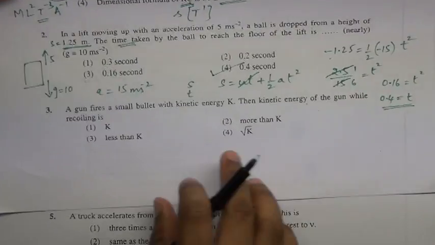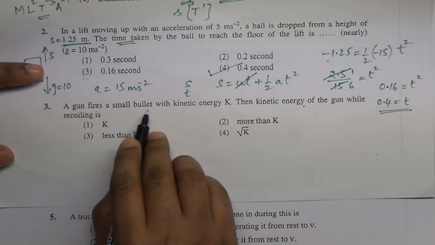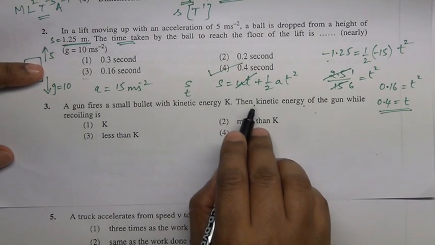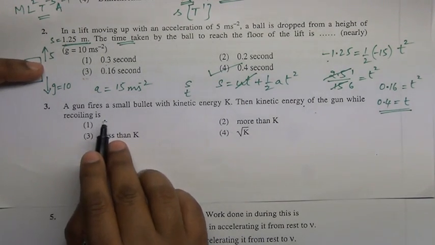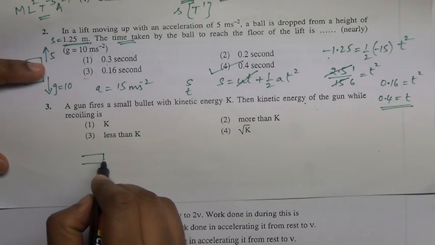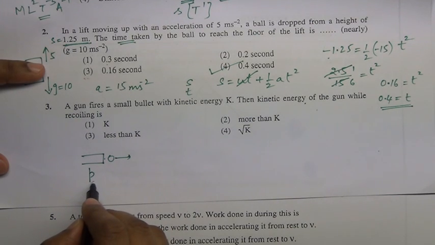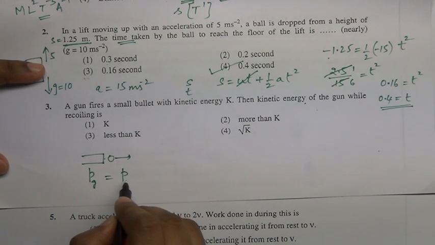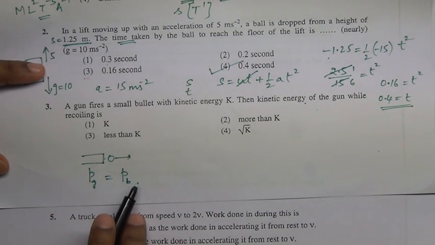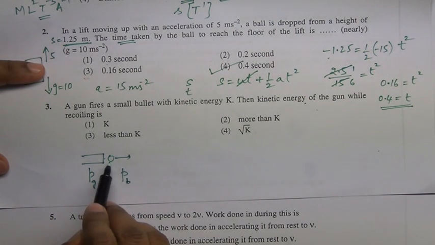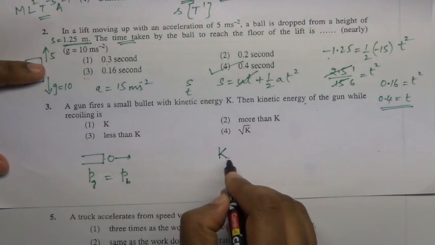Third question. A gun fires a small bullet with a kinetic energy K. Then kinetic energy of the gun while recoiling is, let this be the gun and bullet. Momentum of gun equal to momentum of bullet. This is by law of conservation of linear momentum. Bullet is the projectile because bullet carries greater kinetic energy.